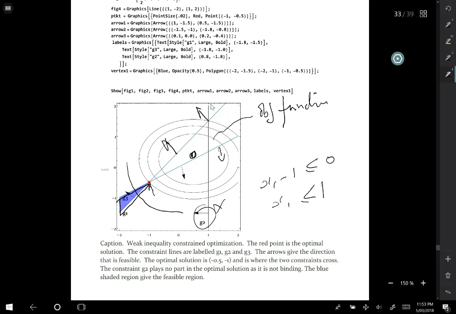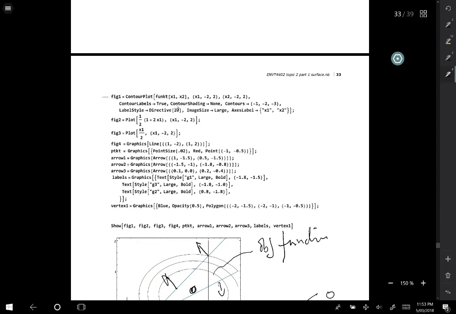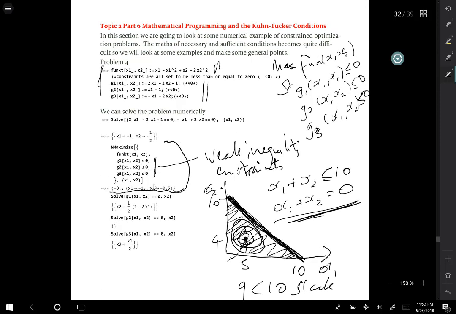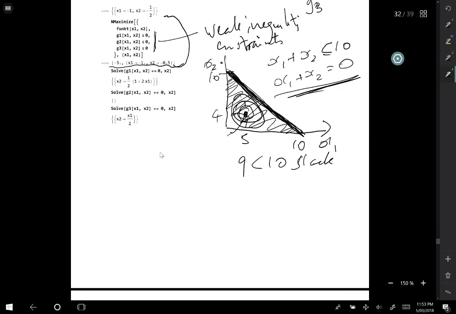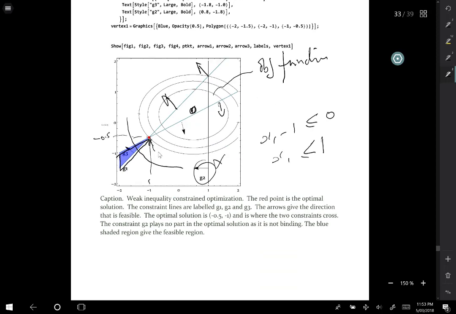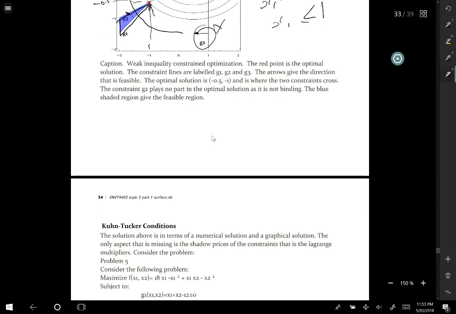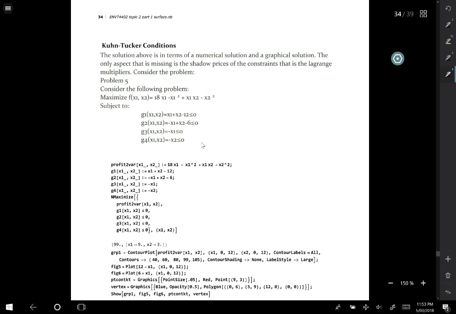In fact, the solution is where the two constraints cross at minus 0.5 there and -1, and that solution is actually confirmed by good old NMaximize there, -1, minus 0.5. Okay, so this gives us an idea of some of the problems that there are in finding solutions.